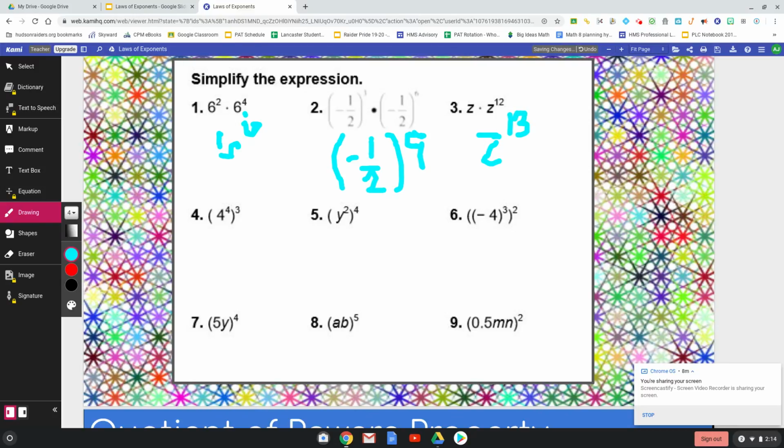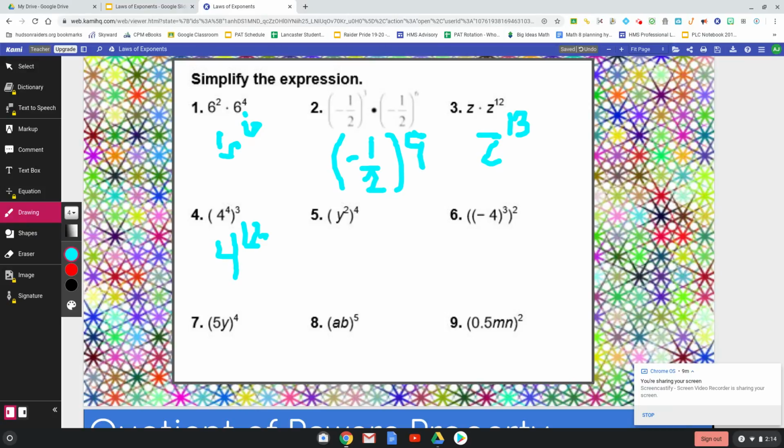All right. Moving on to the next example, we have 4 raised to the 4th power, and then that is raised to the 3rd power. Our rule states that when we have this, we can multiply the exponents. So this would be 4 raised to the 4 times 3 power, and 4 times 3 is 12. So the simplified version of this would be 4 to the 12th power. Number 5 is y to the 2nd power raised to the 4th power.